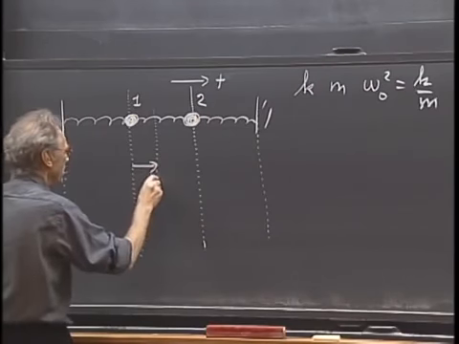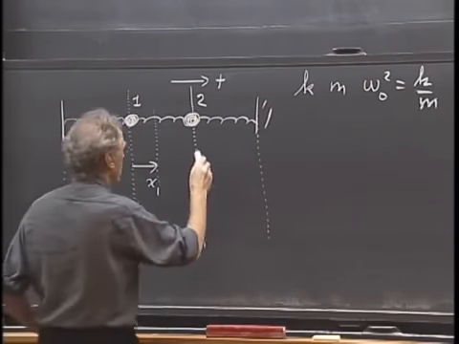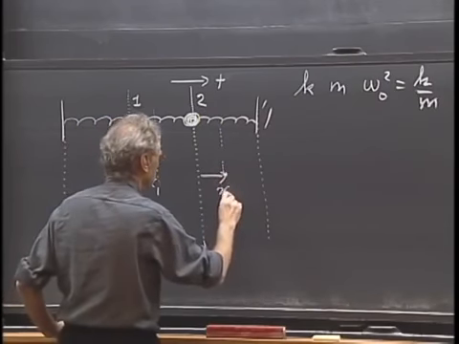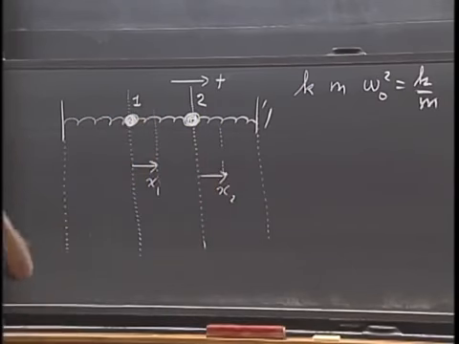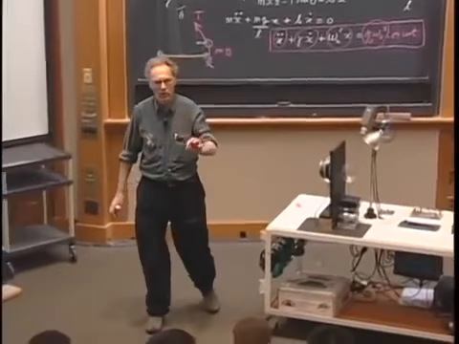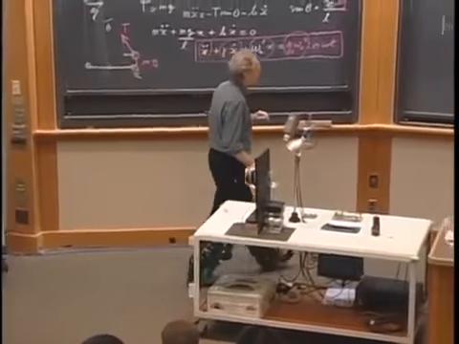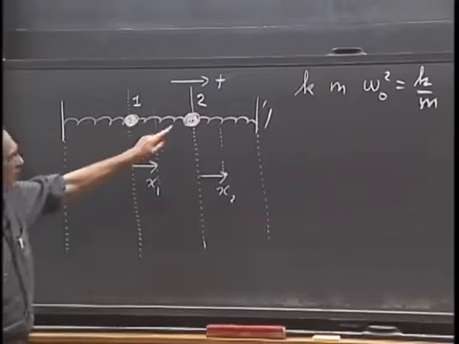This is now a distance x1 away from equilibrium, and this one is now at a position x2 away from its equilibrium. You always want to know what the displacement is relative to its own equilibrium. And its own equilibrium for 1 is here, and the equilibrium for 2 is there.